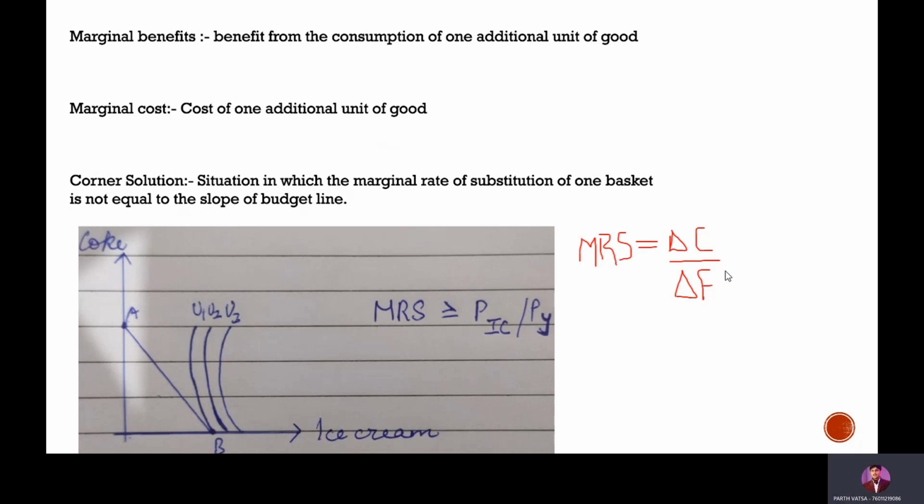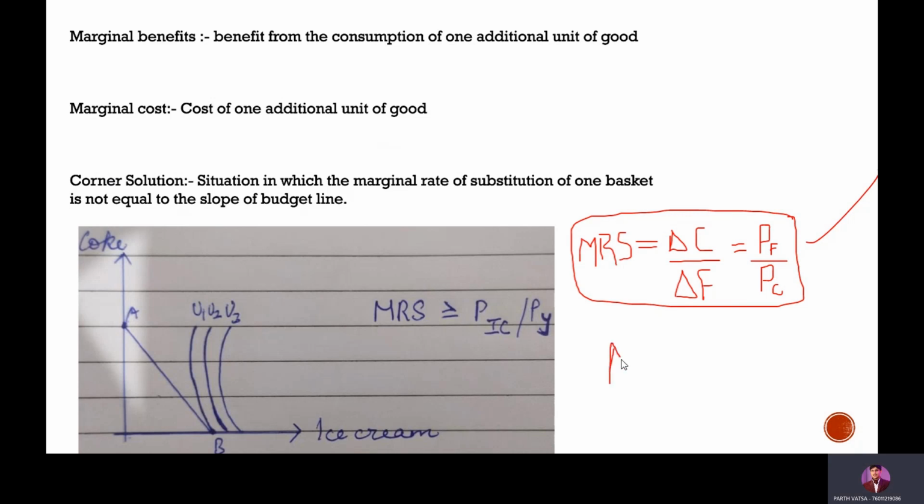If this change is equal to the slope of the budget line, which I just told you is the price of food upon the price of clothing, then whichever market basket gives me this MRS, I am definitely going to purchase.